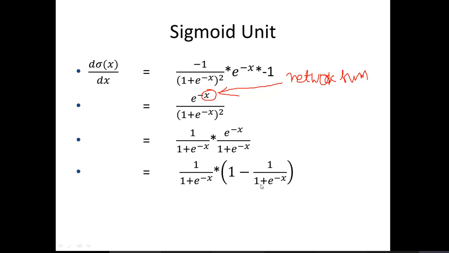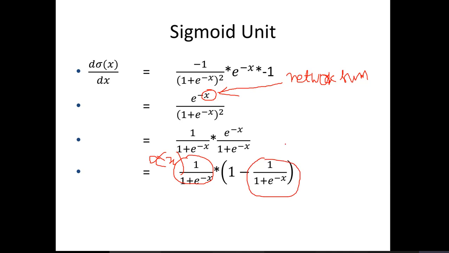By taking an LCM, you can cross check: 1 plus e power minus x minus 1. So it will become e power minus x divided by 1 plus e power minus x. But we know that sigma x is 1 by 1 plus e power minus x, so you can substitute sigma x, because sigma x is 1 by 1 plus e power minus x, whose derivative is being calculated by us.